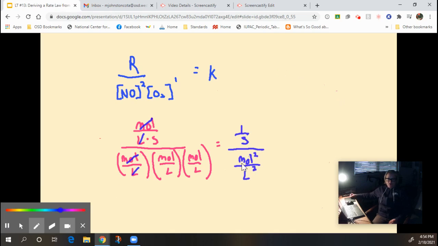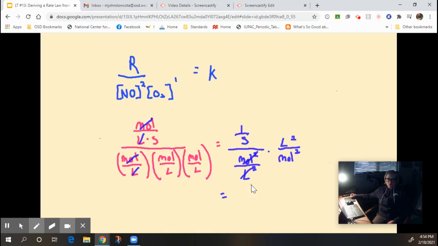Dividing by a fraction means the same thing as multiplying by the reciprocal. So I'm going to put 1 over seconds times liters squared over moles squared. And that's going to make that part go away.